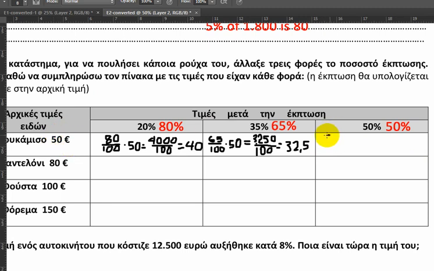But we are going to do this the long way. So 50 over 100 times 50, which would give me 2,500.